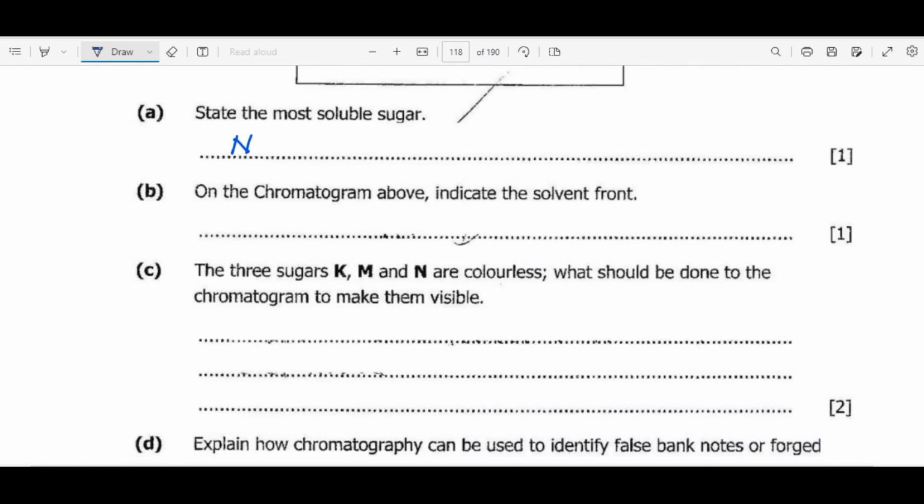What should be done to the chromatograph to make them visible? So we can just add the locating agent where they now show the color change. So say sprinkle a locating agent on the paper chromatogram.